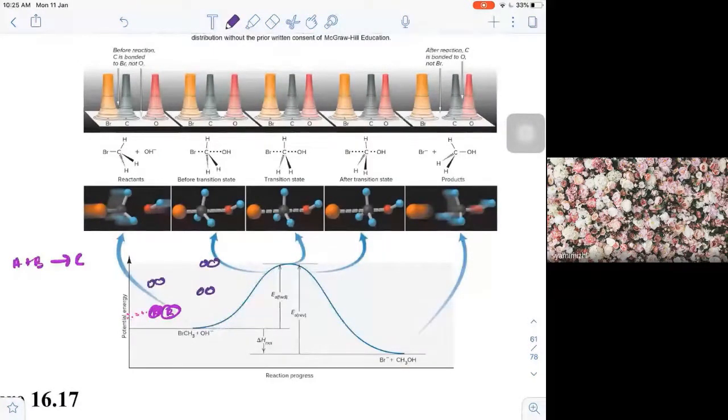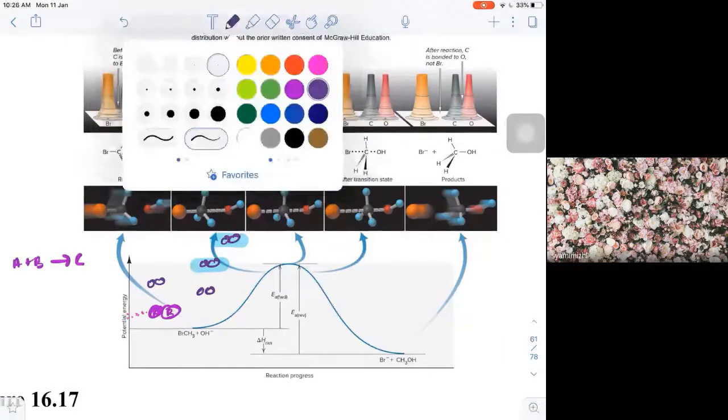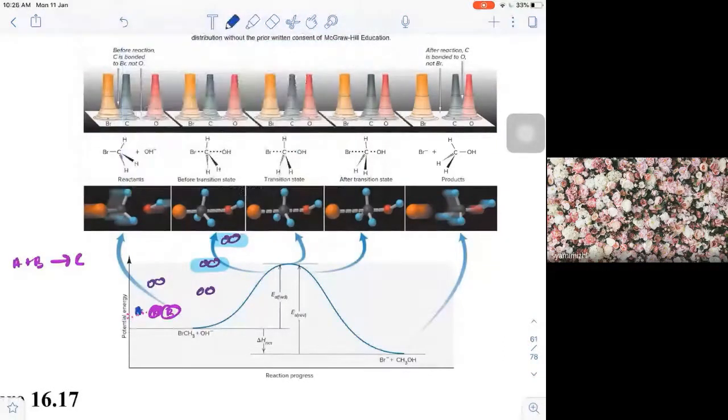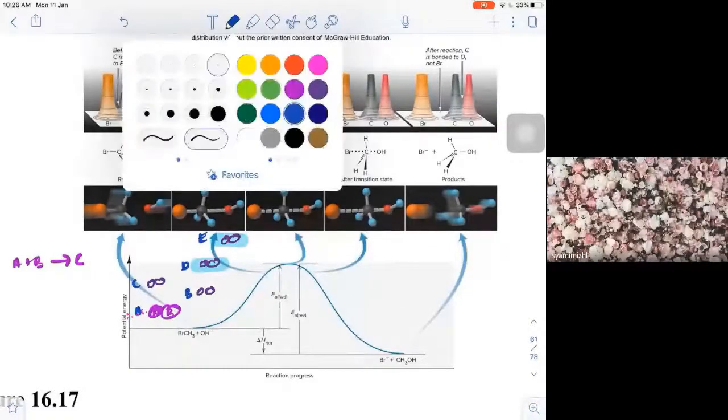And the fifth set is this. Out of these 5 sets of collision, only 2 are effective. If we number them A, B, C, D, E, out of the A, B, C, D, E collisions, only D and E will lead to the product.